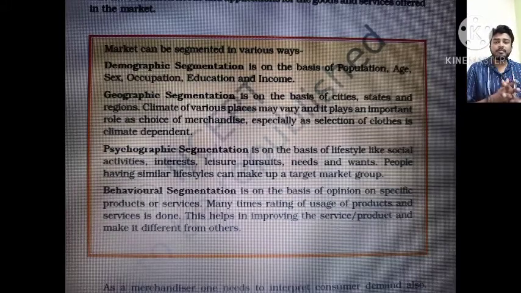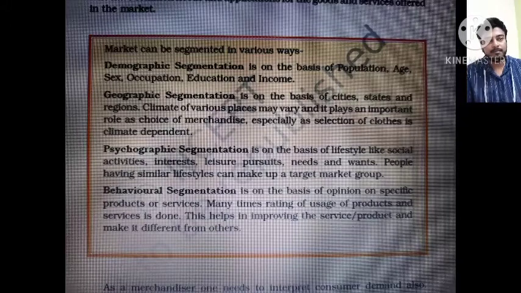All these segmentations are a strategy for merchandisers to apply and get good results in the work or services they are going to offer.